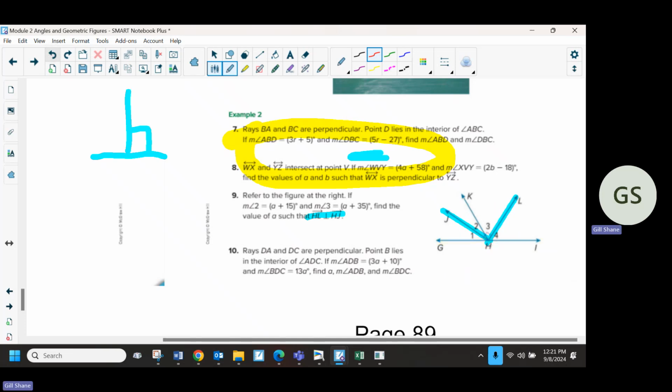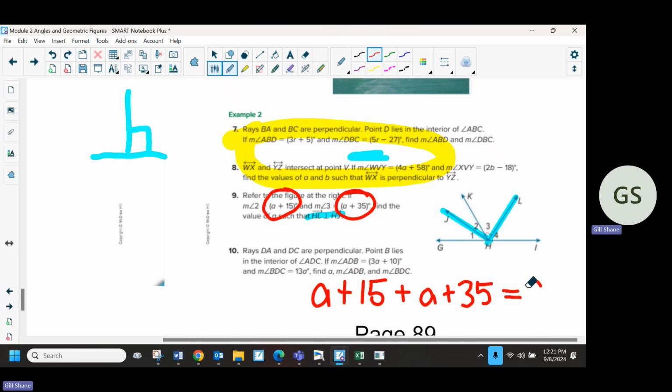Okay, so it tells me in here, now that I know that angle 2 plus angle 3 has to be 90. Well, that's the measure of angle 2. That's the measure of angle 3. So I would just say A plus 15 plus A plus 35. And A is just a variable. We're just using that as a variable.